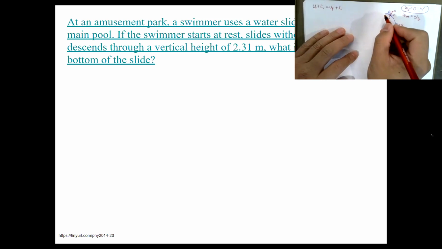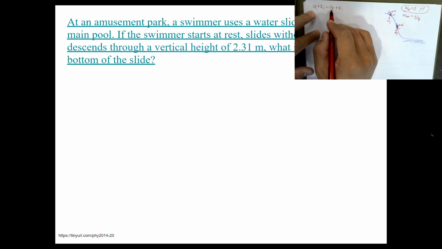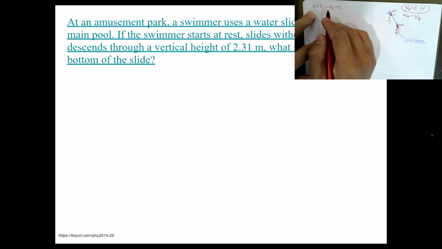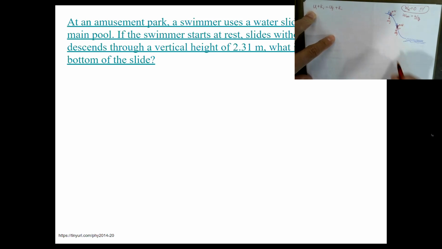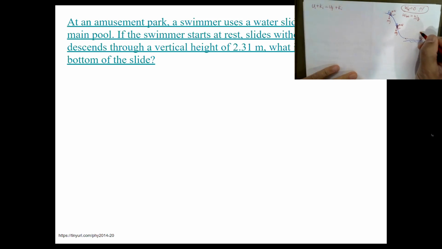Now, we have gravitational potential energy involved here, so we can define a ground level. As she slides down, this is the low point at the bottom of the slide. I'm going to define that as the ground level, so U final should be zero. The kinetic energy of her is 1/2 m v final squared.